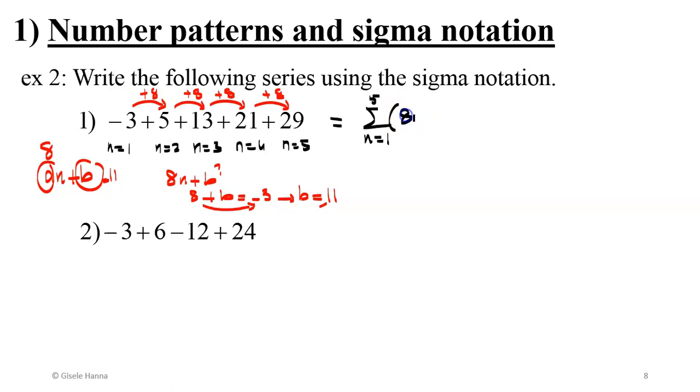So over here, it's 8n minus 11. If you've used an r here, then it would be 8r minus 11. If you used a k, then it would be 8k minus 11. So this is the first series represented using its sigma notation.